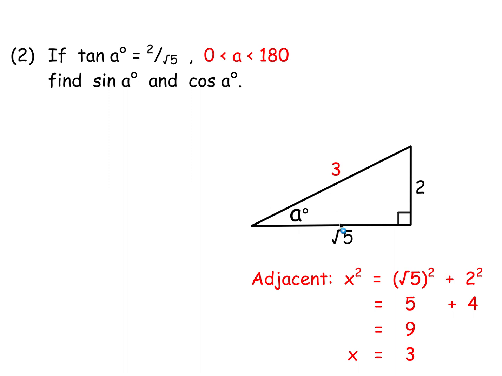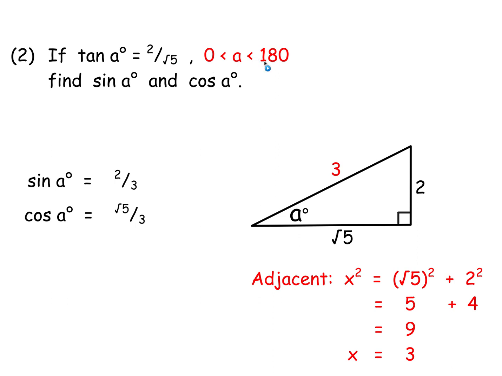So there's a triangle. You can now get sine A because it's opposite over hypotenuse, and you get cos A because it's adjacent over hypotenuse. So there's sine A and there's cos A from the triangle. Where are the plus and minuses? They're not there this time because tan A is positive.